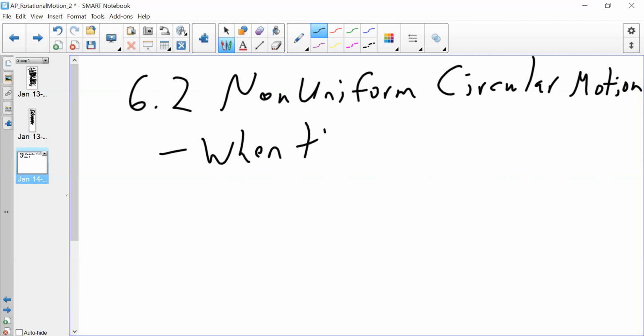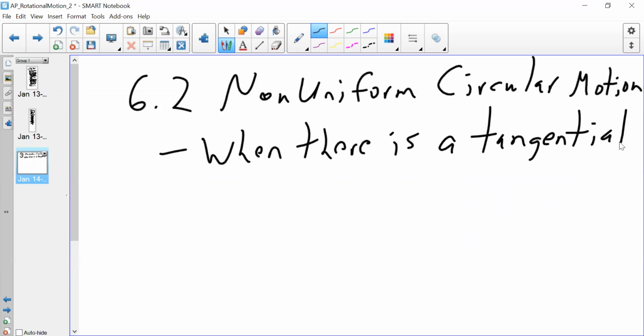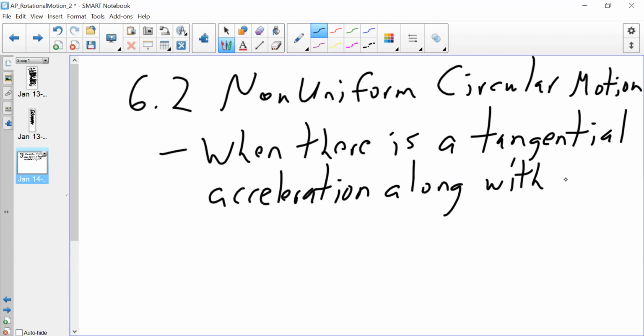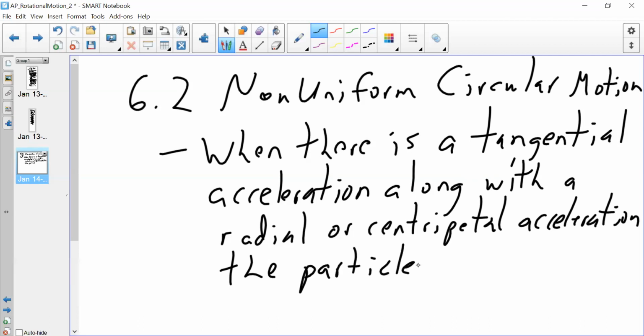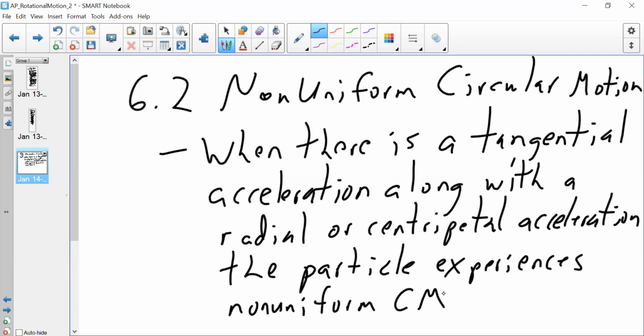So anytime when there is a tangential acceleration along with a radial or centripetal acceleration, the particle in question experiences non-uniform circular motion, NUCM for short.